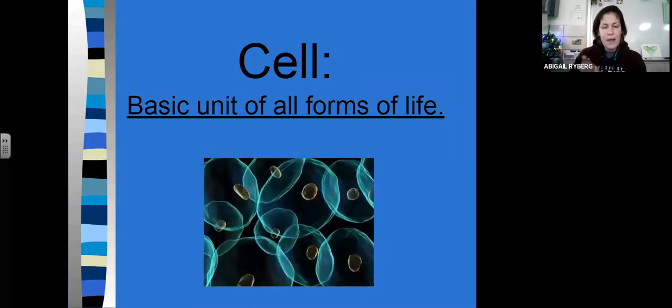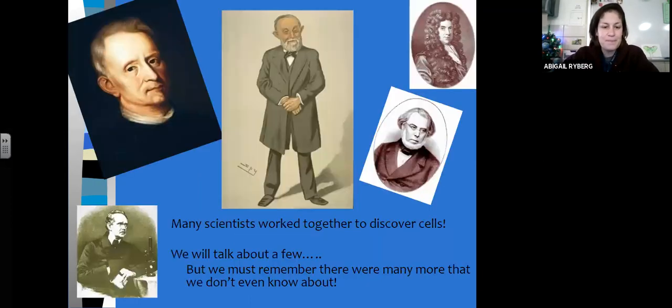So first of all, remember that a cell is the basic unit of all life forms. Our entire bodies, for example, are made up of all of these tiny little cellular units. A lot of scientists worked together to discover cells.